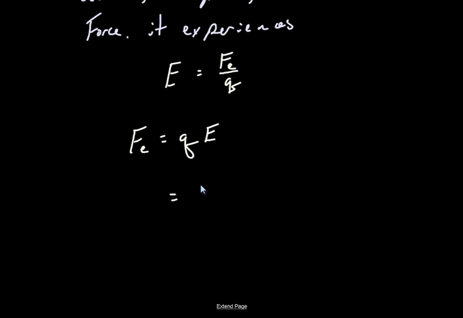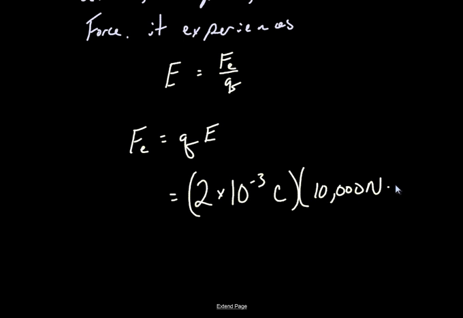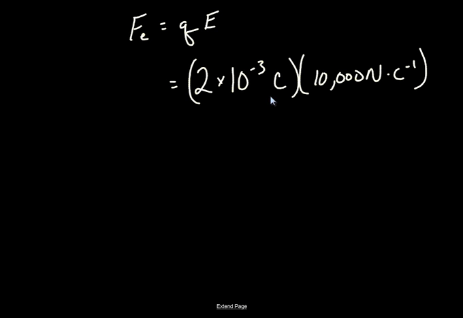So we said Q was 2 millicoulombs, which is 2 times 10 to the negative 3 coulombs, times a field strength of 10,000 newtons for every coulomb of charge. Coulombs would cancel out here and we're left in terms of newtons. That's exactly what we want. We should get 20 newtons.